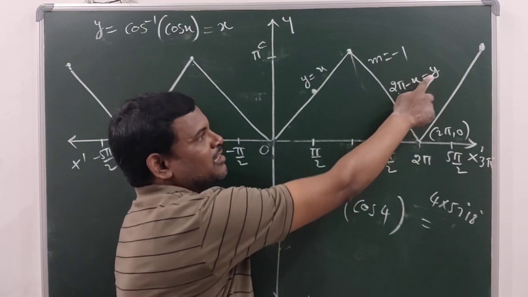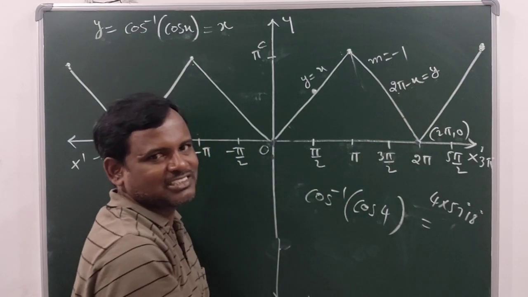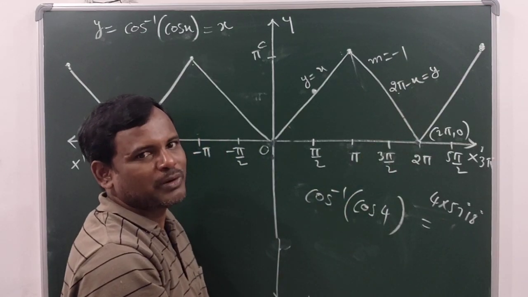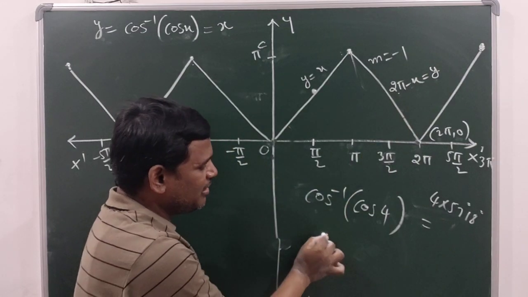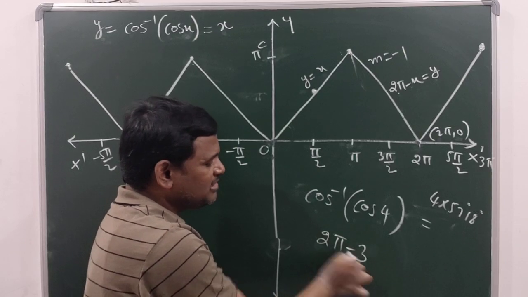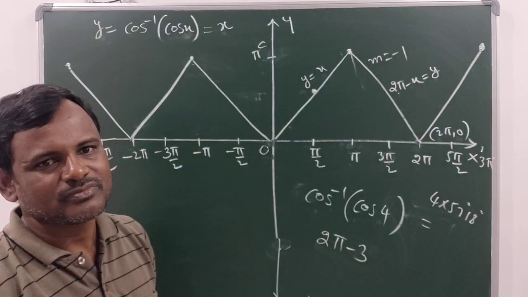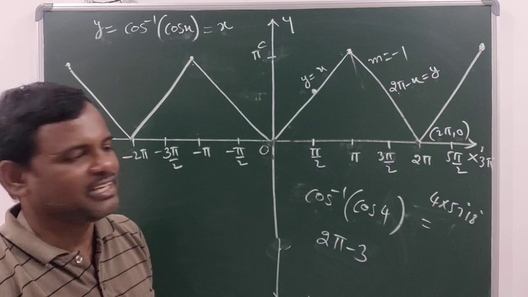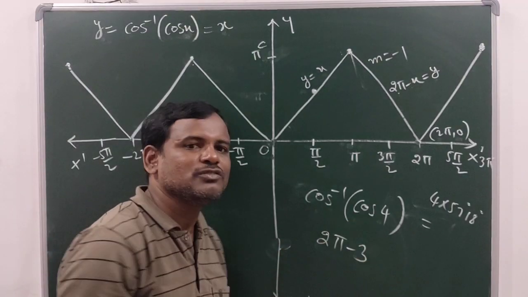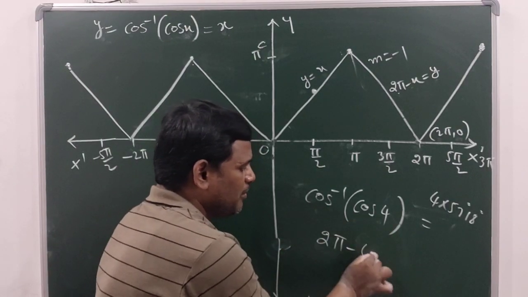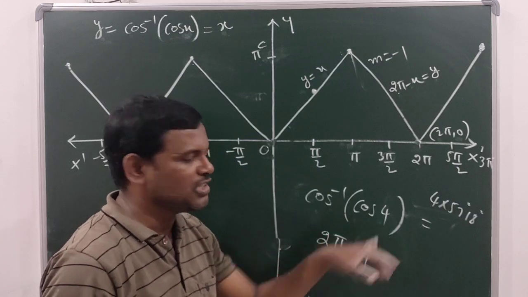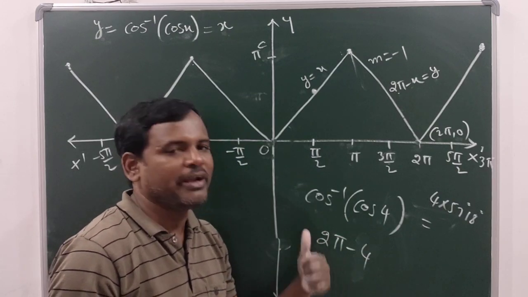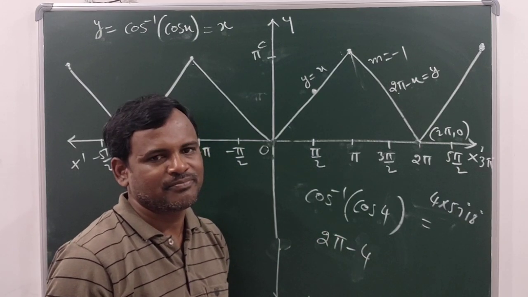So in that case, your y value is 2 pi minus x. Now write here 2 pi minus 3 you have to take. So cos inverse of cos 4 is 2 pi minus 4. Cos inverse of cos 4 is how much? 2 pi minus 4 you have to write.